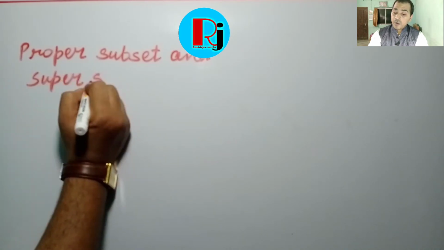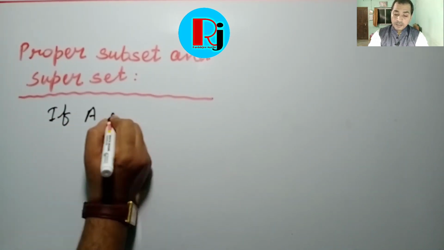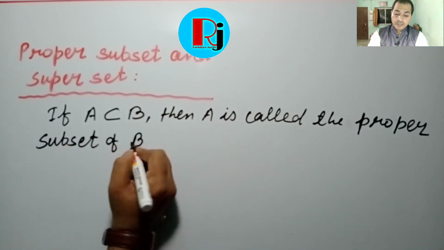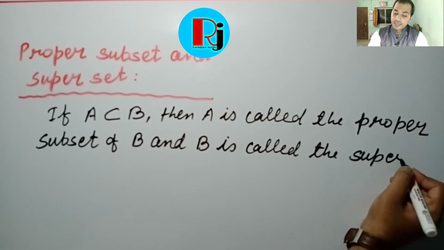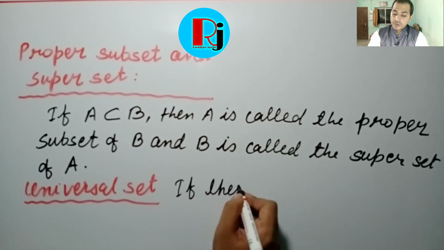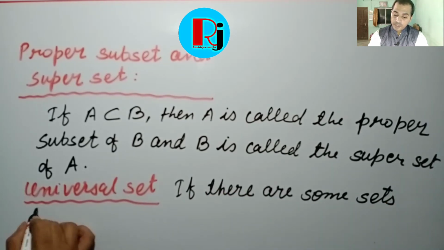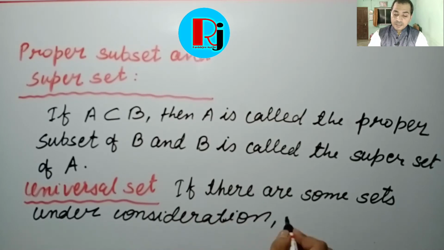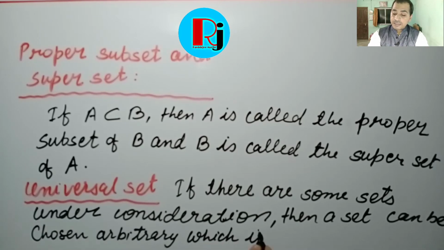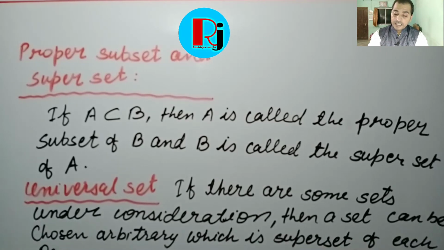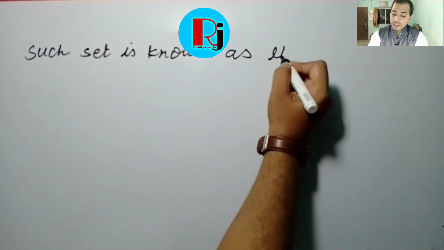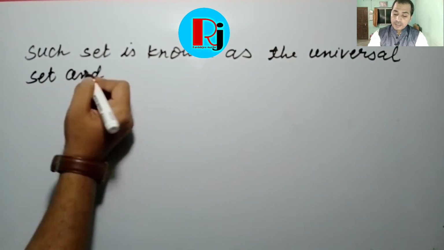Proper subset and superset. If A is a subset of B, then A is called a proper subset of B and B is called the superset of A. Universal set: if there are some sets under consideration, then a set can be chosen arbitrarily which is a superset of each of these sets. Such a set is known as a universal set.